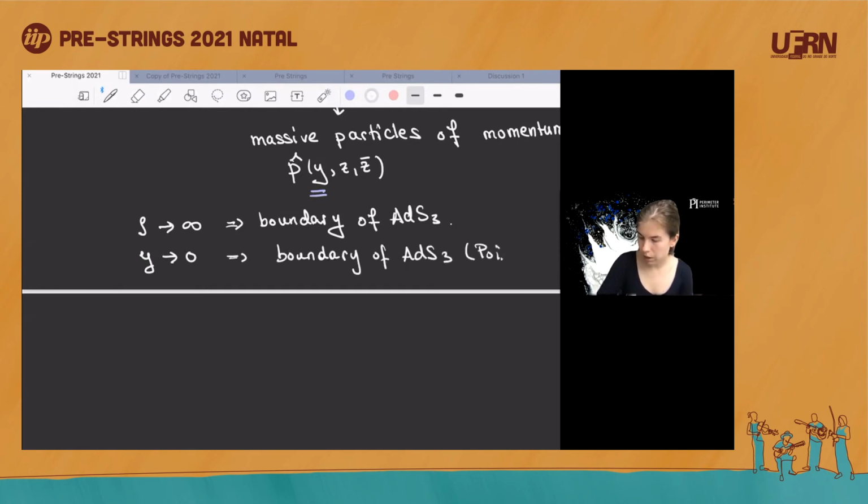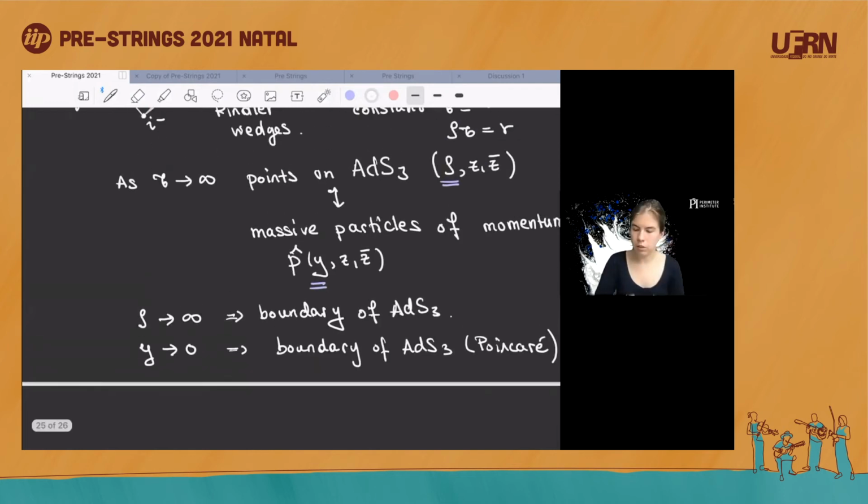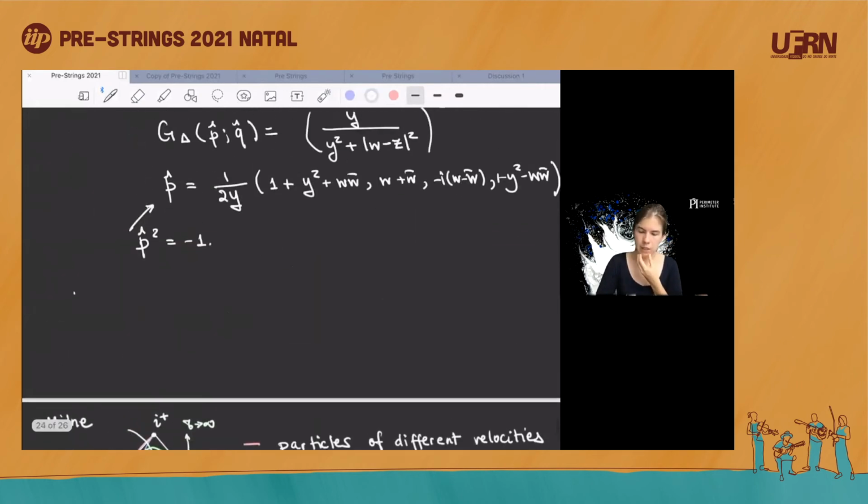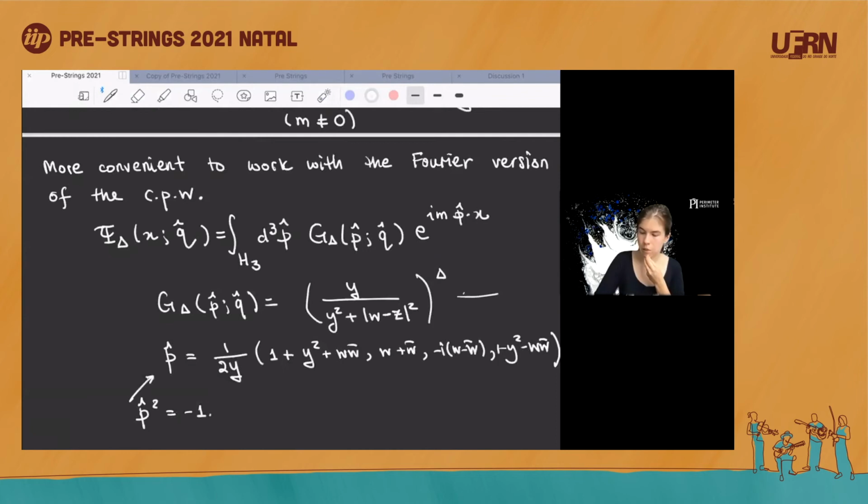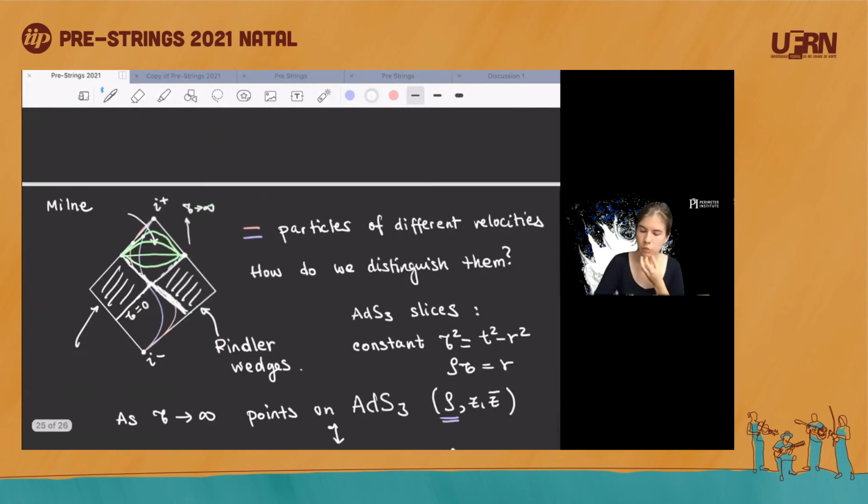This is the Poincaré patch. So it turns out to be convenient to work with these y, z, and z bar coordinates instead, because it's in these coordinates that this bulk to boundary propagator takes this nice form.